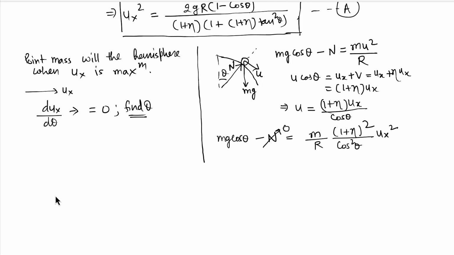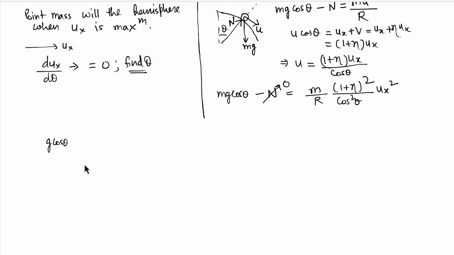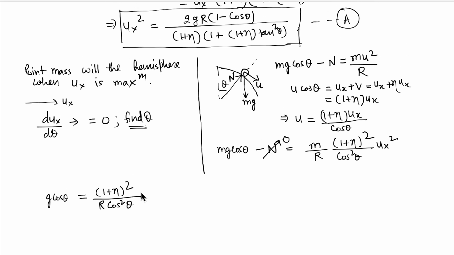Hence what we get is g cos theta is equal to (1 plus eta) square by r cos square theta, and ux square is, we've already got the expression for ux square, that is 2gr(1 minus cos theta) divided by (1 plus eta)(1 plus eta tan square theta).